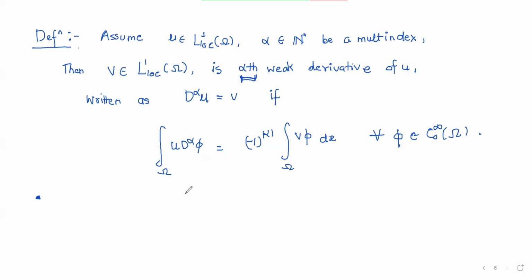Okay, I have examples where I haven't used the multi-index alpha, so we will see it by example also, and I will explain in detail. So I will denote D^0 u. Don't be confused, here this 0 is the multi-index.